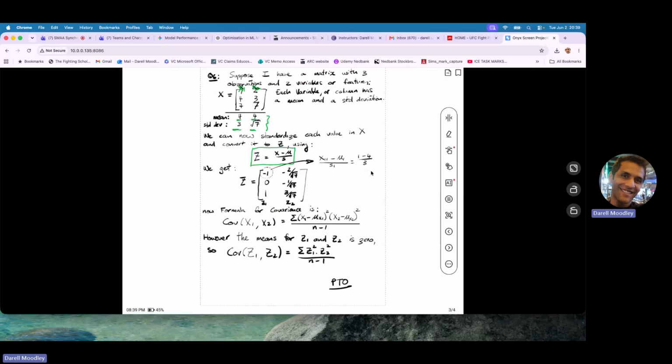For the first one, the first x value is 1. Subtracting its mean, which is 4, gives 1 minus 4, divided by the standard deviation, which is 3. That gives me minus 1. That's how I get this first element, my first z value.